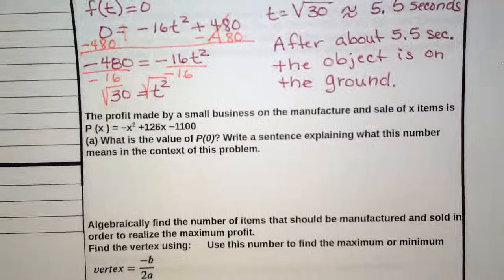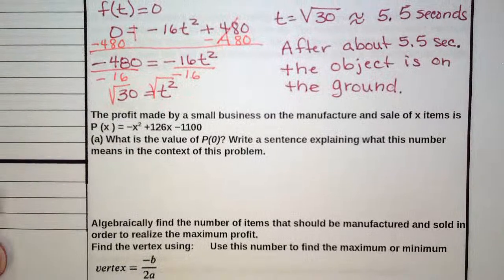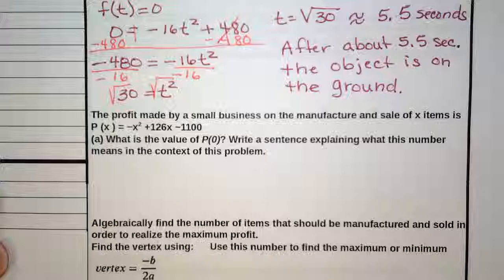The profit made by a small business on manufacture and sale of x items is modeled by the equation P of x is equal to the opposite of x squared plus 126x minus 1100. So what is the value of P of 0? When I put 0 in, what happens?